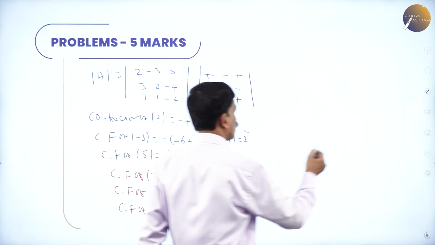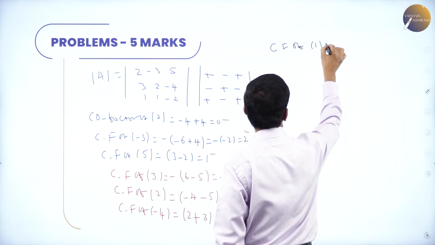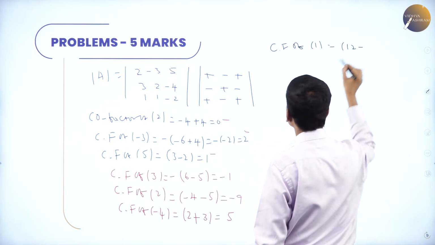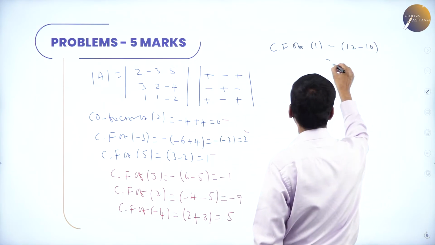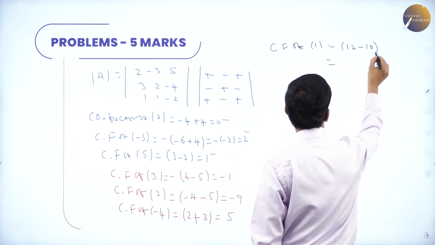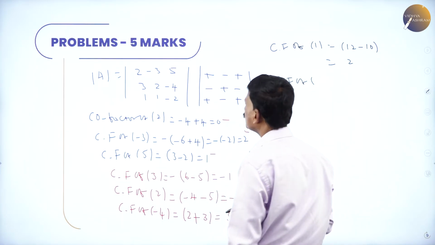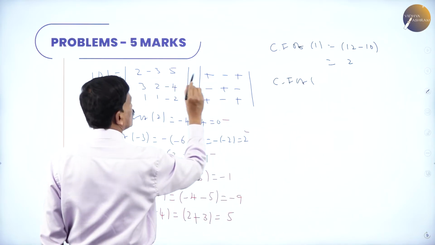Now let us come to the last row. Cofactor of 1, last row, this is gone, minus into minus plus, 3 fours are 12, minus 10, this is equal to 2. Again cofactor of this element, 3: minus into minus plus, 12, 5 twos are 10, is 2.